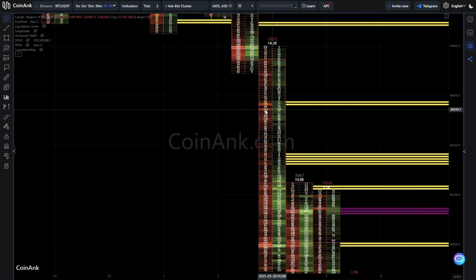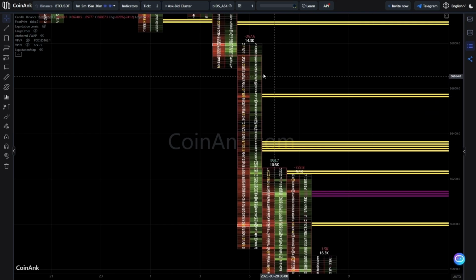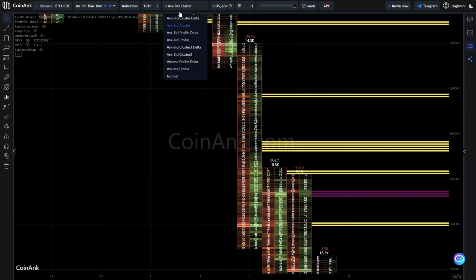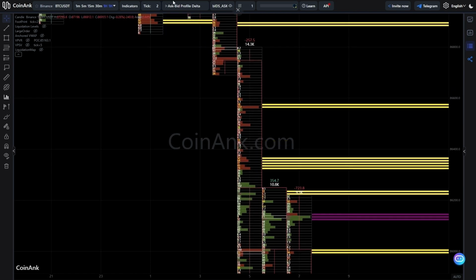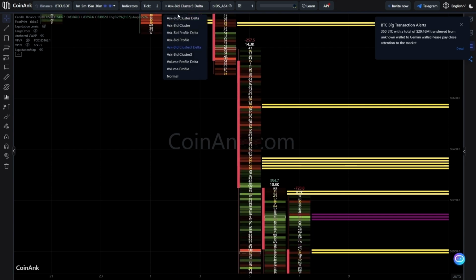If you're interested in footprint charts, there's probably other and better tools around there. But nevertheless, you have this option in CoinAnk. If you want to change it, you can also change here if you want deltas, if you want them to be volume profiles, if you want them to be other clusters, and so on.